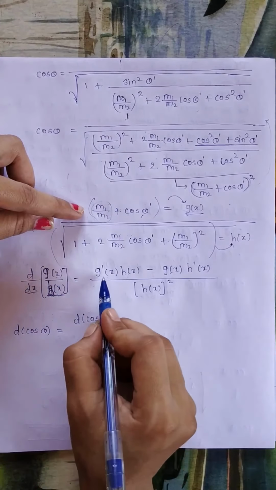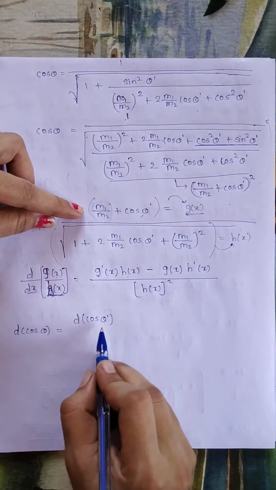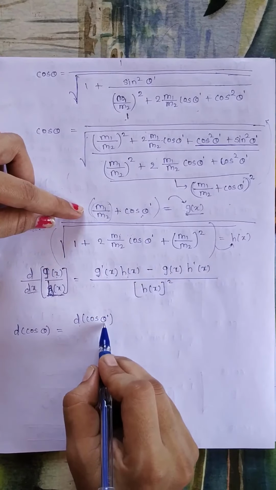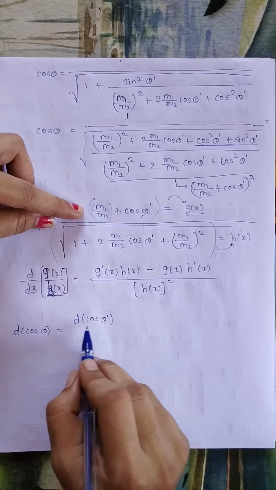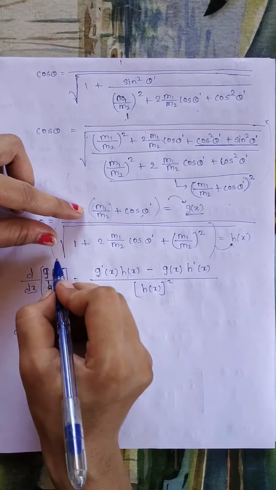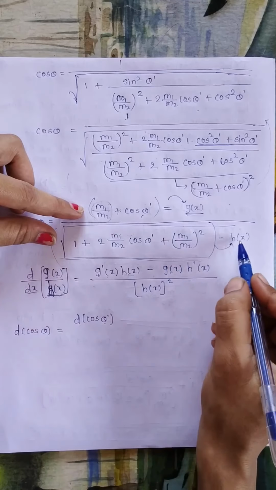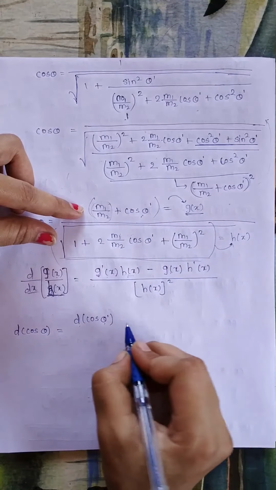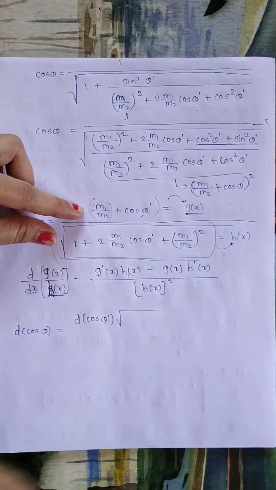So the derivative of g of x comes to be the derivative of cos theta dash. We will keep it as it is because there is a little bit of simplification. And this is multiplied by this quantity which is under the root, which we have called h of x, so into this quantity which is inside the root.